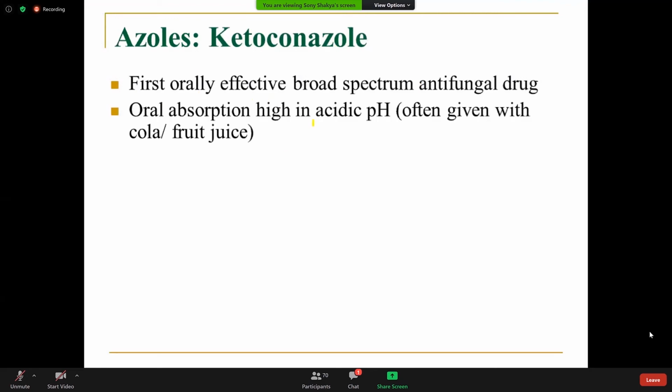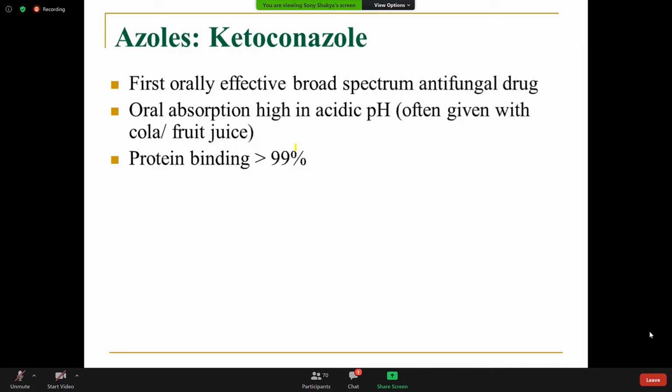Oral absorption is high in acidic pH. Often to enhance its oral absorption, it is given with cola or fruit juice, because they have acidic pH. So for enhancing its oral absorption, you can sometimes give it along with cola or fruit juice.